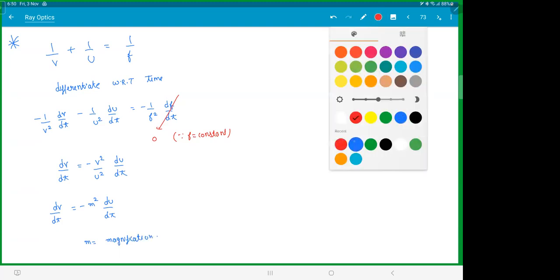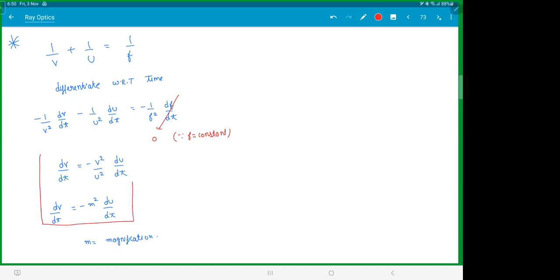Now understand something here. Let's try to understand what this dv by dt exactly is. What is u? U is the distance, measured with respect to the pole. U and v are measured with respect to the pole.